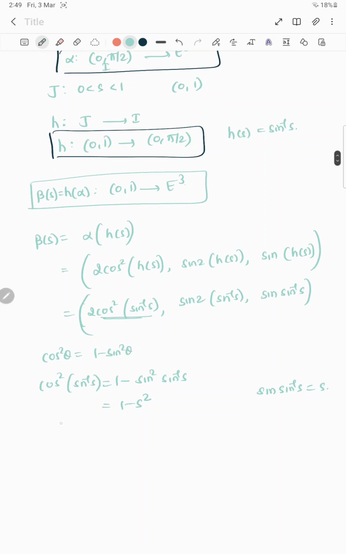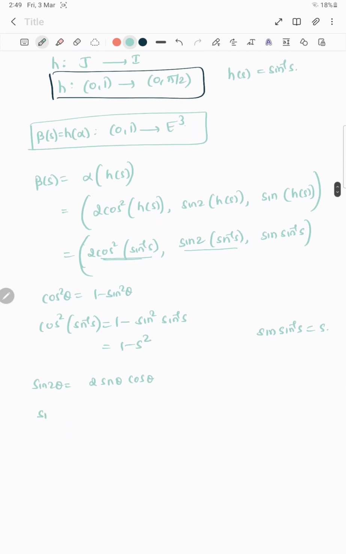Now for the second coordinate, we have sin 2 of sin inverse s. We know that sin 2 theta is equal to 2 sin theta cos theta. So sin of 2 sin inverse s can be rewritten as 2 into sin of sin inverse s into cos of sin inverse s.